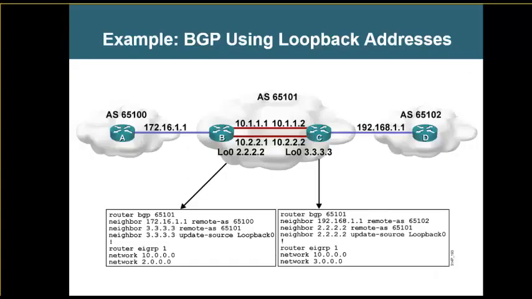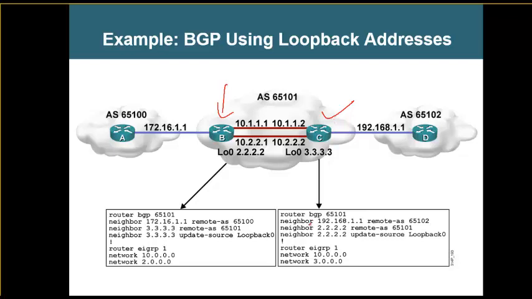So earlier we learned that whenever we use loopback to loopback neighborship, mostly we use that in an IBGP situation where we have redundant paths. We do that to match the neighbor statement. For B, C is the neighbor.